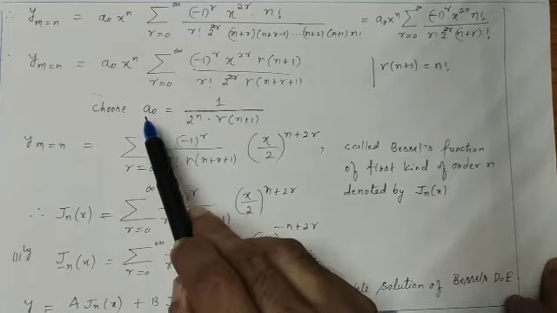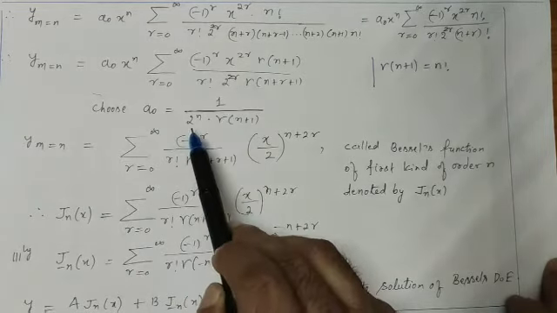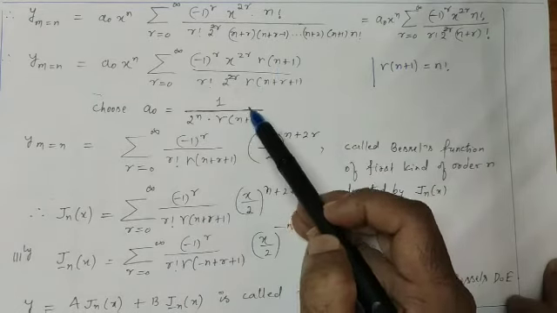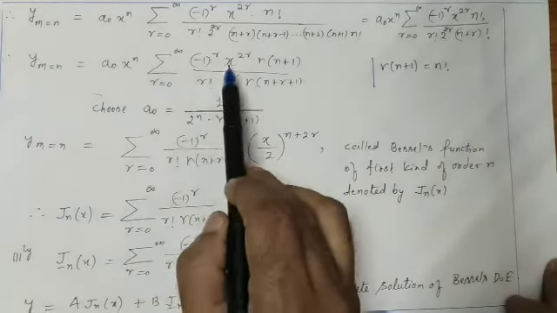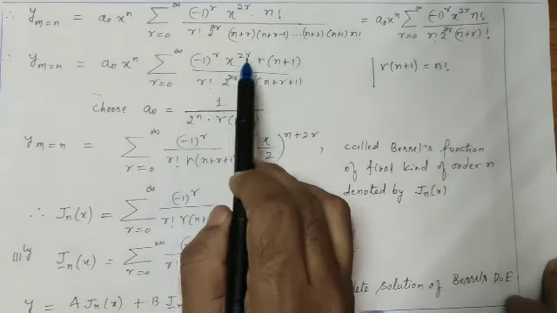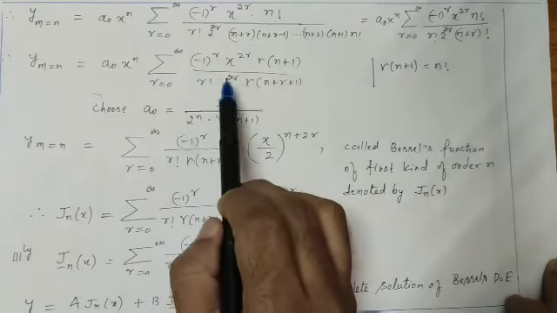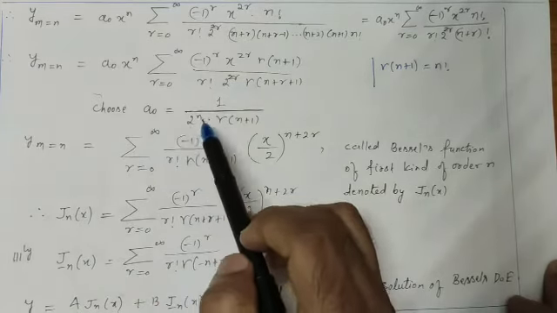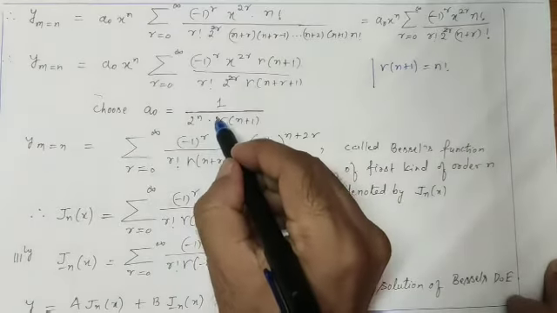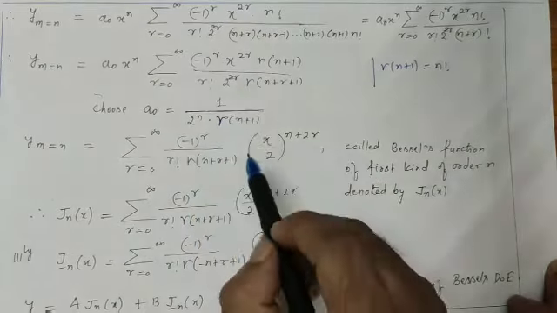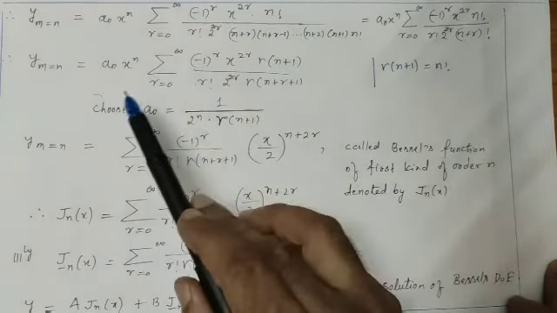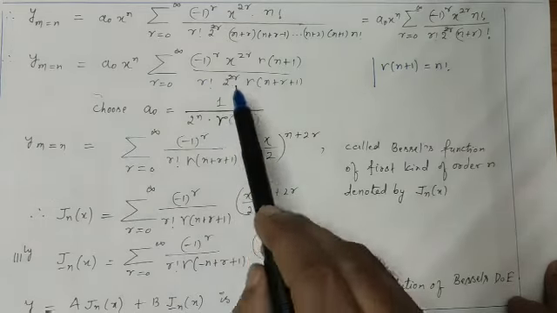So here I will choose a naught is equal to 1 by 2 power n gamma of n plus 1, so that I can cancel this gamma of n plus 1. And here since I have x power n plus 2r, I want to get 2 power n plus 2r. So that is the reason we choose a naught equal to 1 by 2 power n gamma of n plus 1. Now if you select this in place of a naught, gamma of n plus 1 cancels.